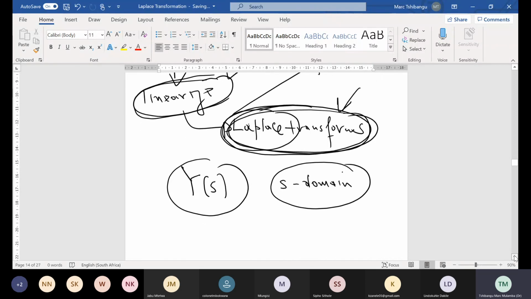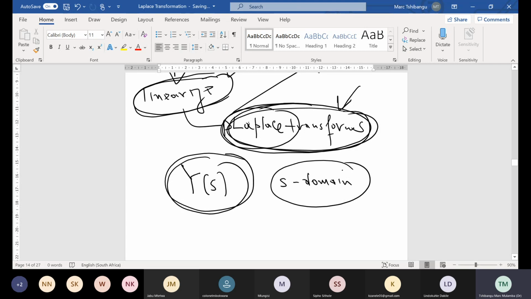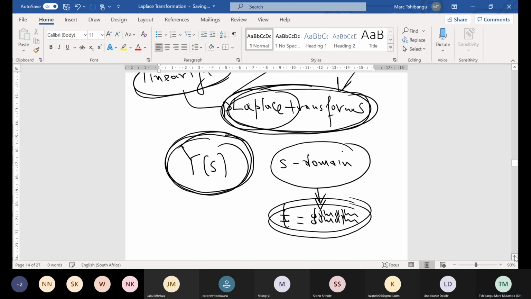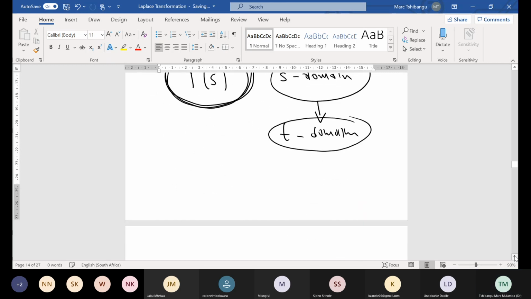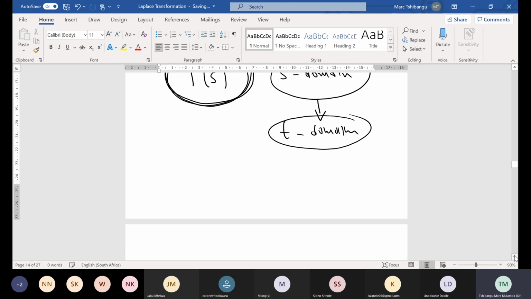So to go from the S domain, or the Laplace domain, to the T domain, what we need to do is to invert the Laplace domain expression. That's why it's important to use the inversion of the Laplace transform, so that we could go from the S domain to the T domain. All right, so let's now dive in. Inversion of the Laplace transform.